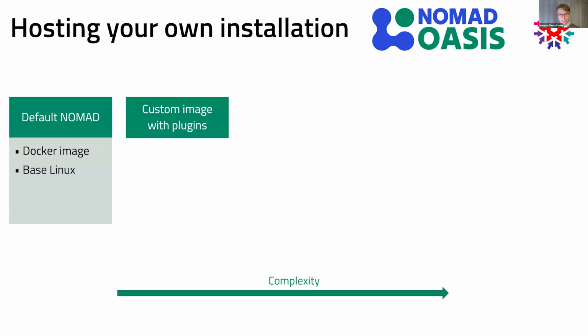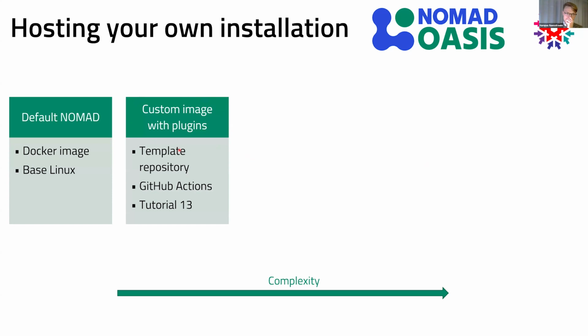But if you are really into hosting your NOMAD Oasis, and you maybe already know what a Docker is, then you can create these custom Docker images. And we have a template repository for doing this, which is set up with GitHub Actions already, so that the people who are on sort of this mid-level that I talked about before in the users, they can actually configure the Oasis so that you as an IT person maybe don't need to worry so much about solar cells and all these things that you have no idea about, but you let the users configure what plugins they need.